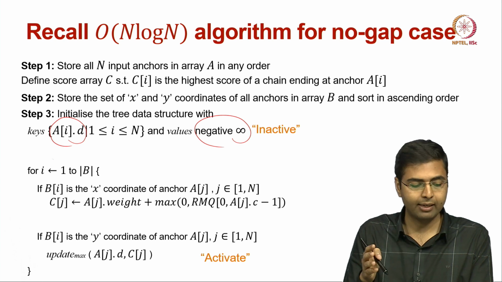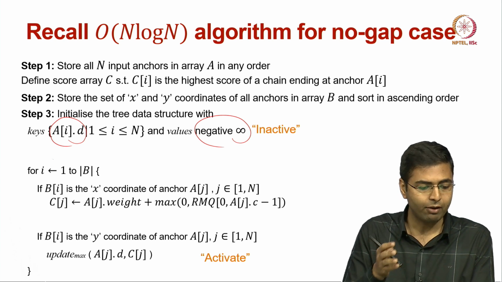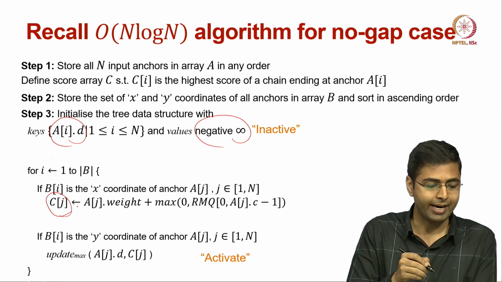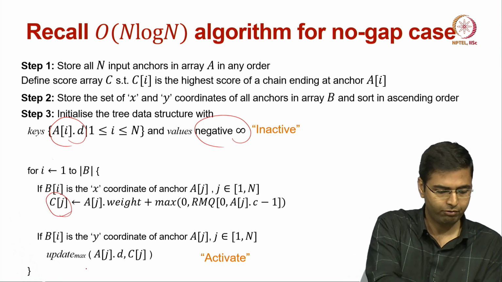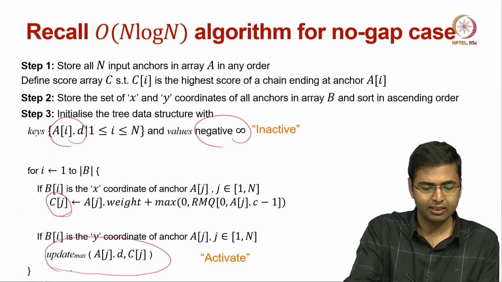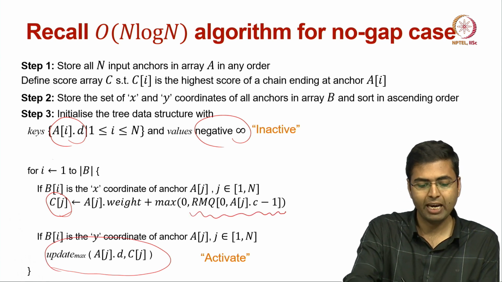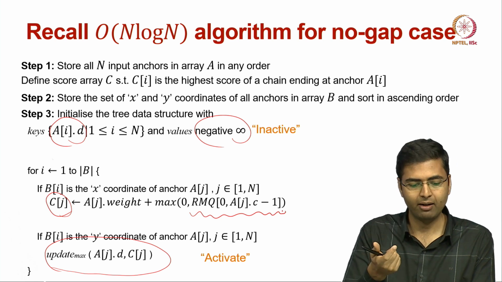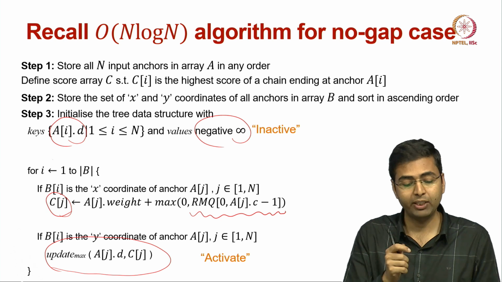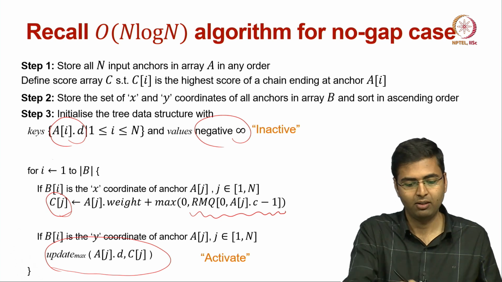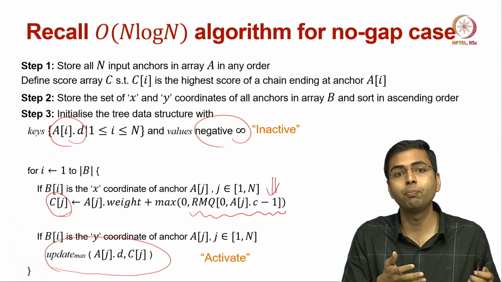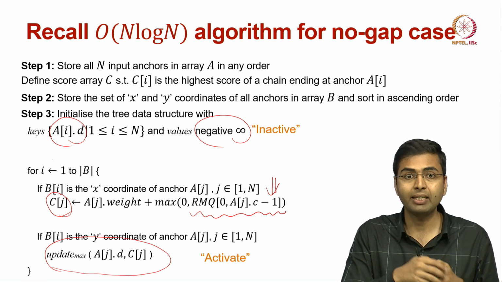We process these anchors in sorted order, and when we reach the start of an anchor we compute the score, and when we reach the end of the anchor we update its value in the tree. So this query gave us a log n time method to access the highest score within a specified range. This allowed me to get the highest scoring preceding anchor because of this range query.